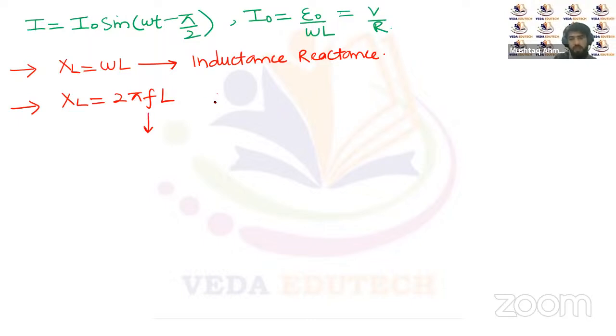It means that if frequency is equal to 0, then the value of XL will be equal to 0. For zero frequency, the value of XL will become 0, and I naught will become infinity.